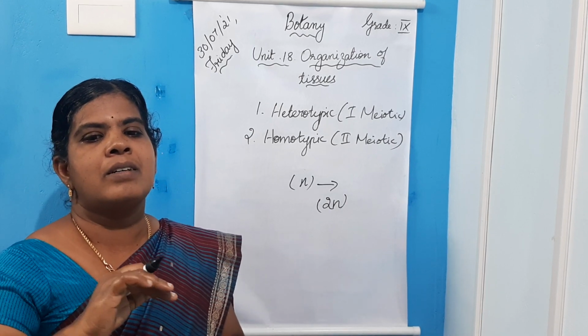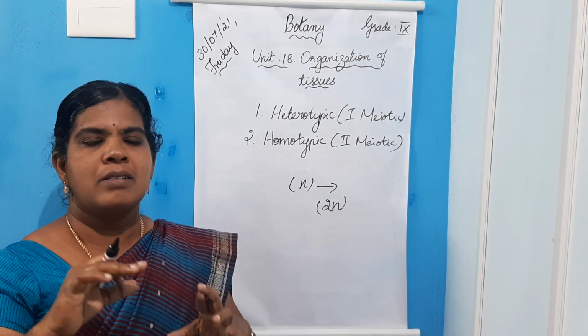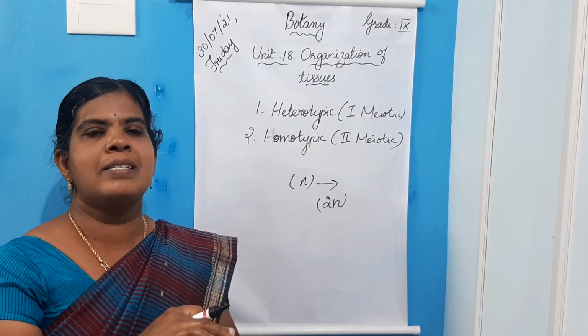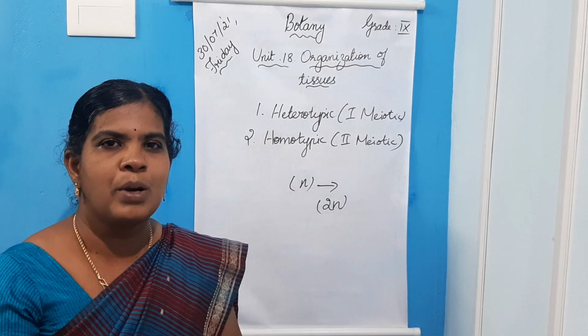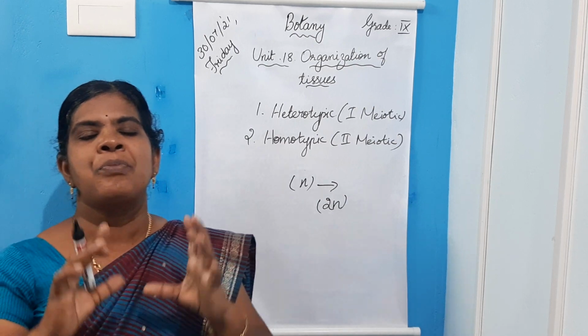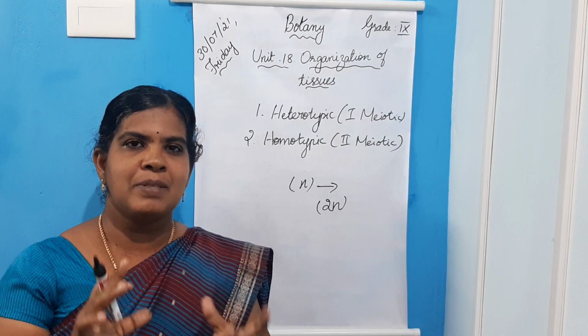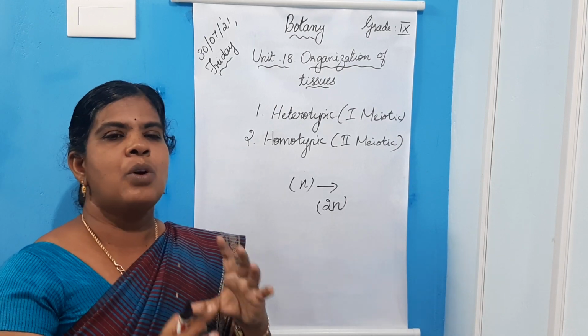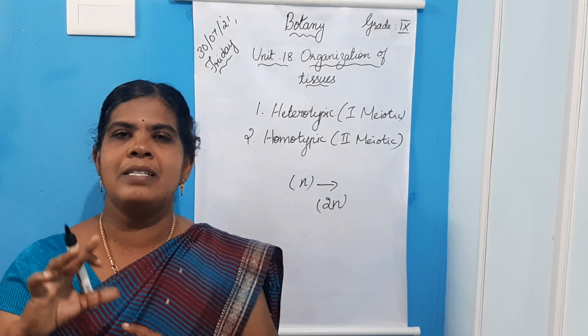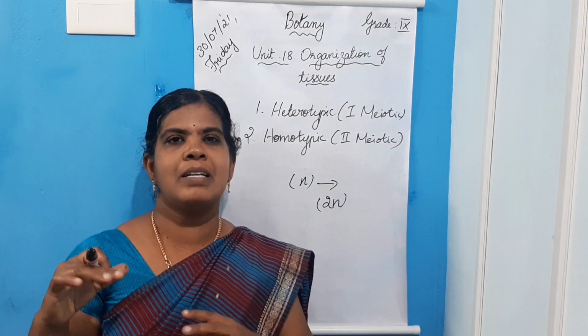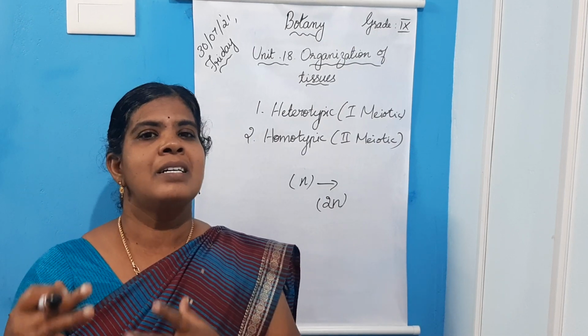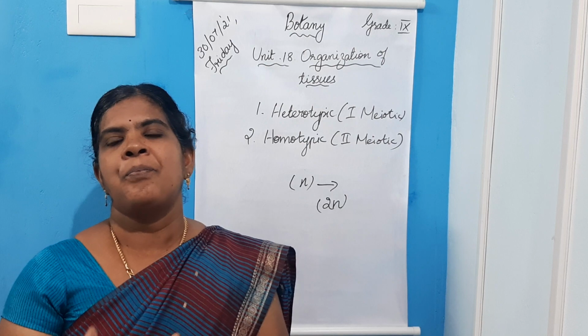During the leptotene stage, the chromosomes form a bouquet, so it is the bouquet stage. Then in the zygotene stage, synapsis takes place. In the diplotene stage, at the end there will be terminalization.